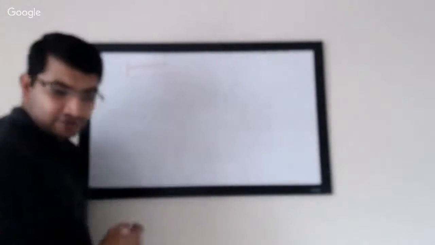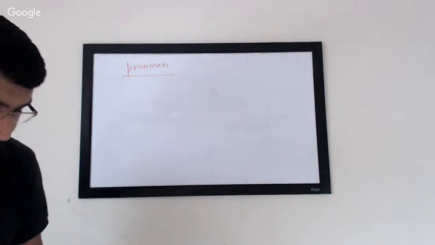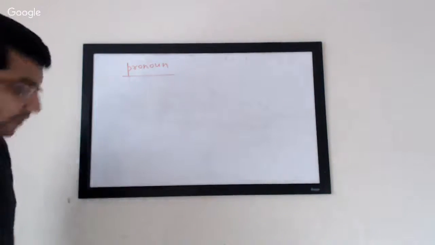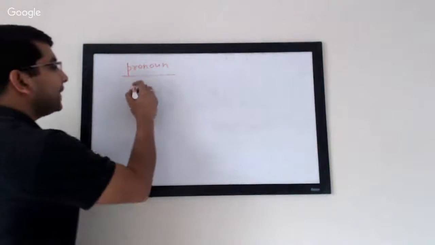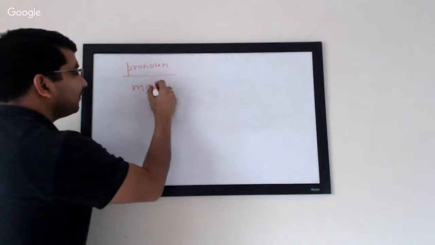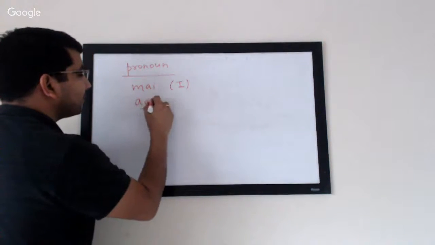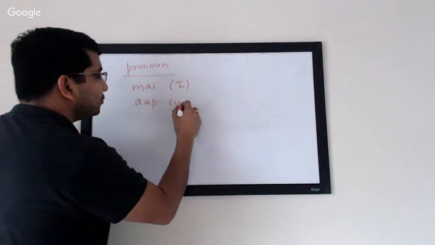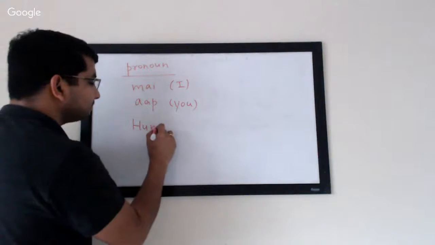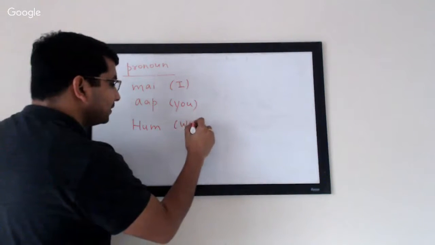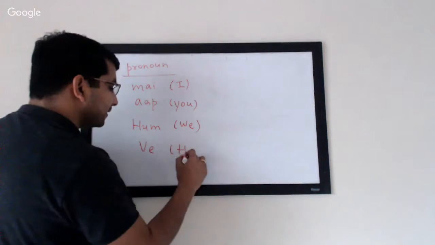Okay. So in the case of pronoun, I'll write down our basic pronouns. If you remember, our more regular pronouns were like मैं, which is I, आप, you, हम, which is we, and वे, which is they.